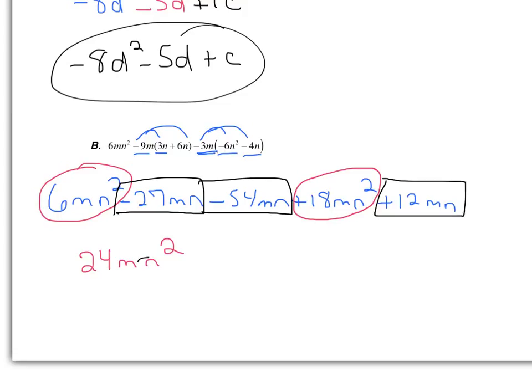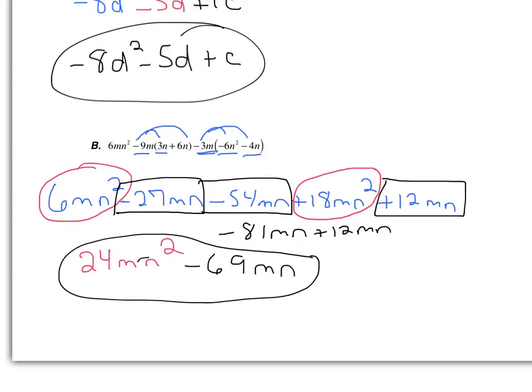So we're going to combine 54 and 27 and get negative 81mn, and then we add 12 to that, and negative 81 and 12 is negative 69mn. So simplified would be this.